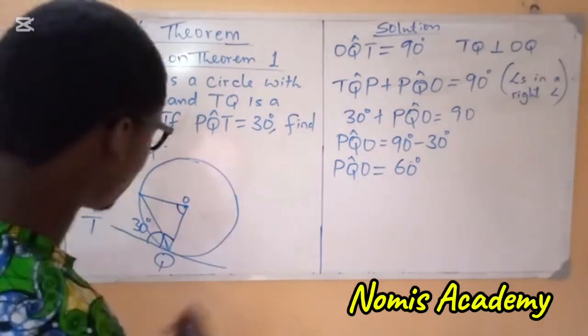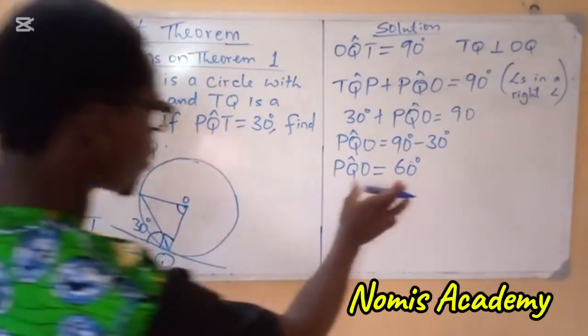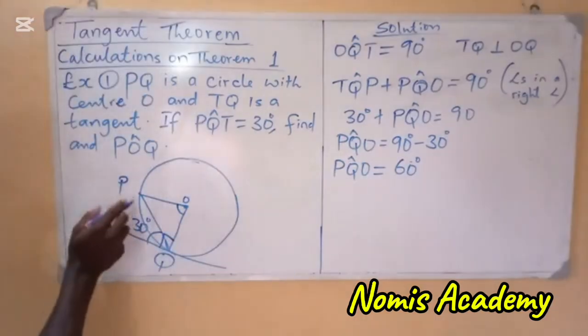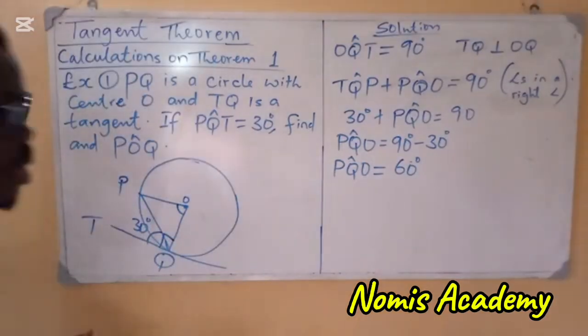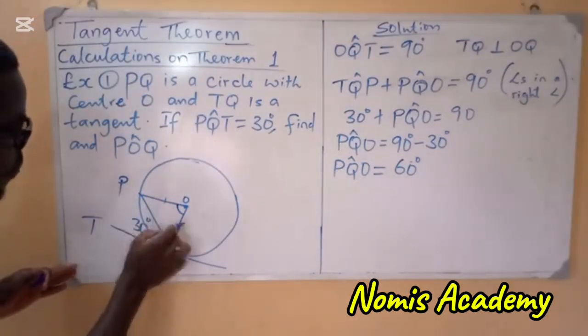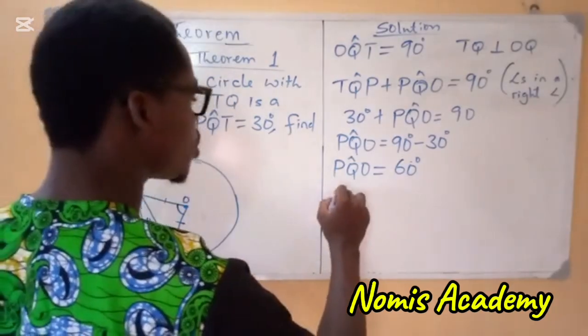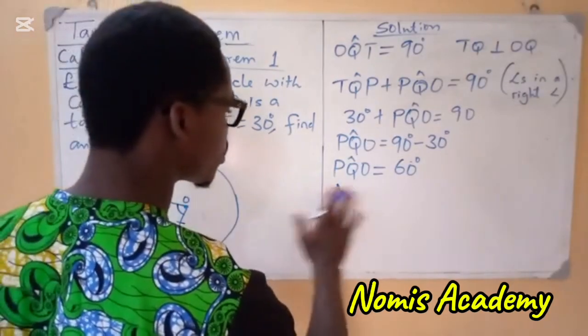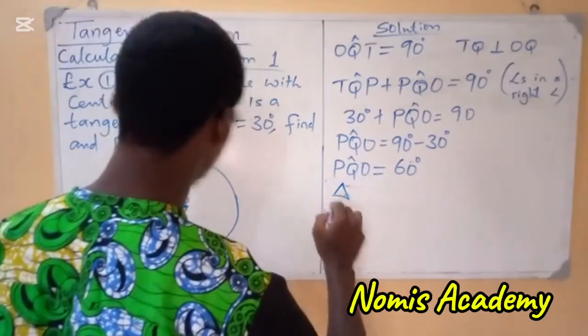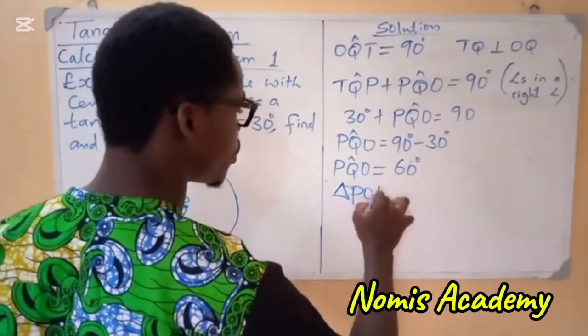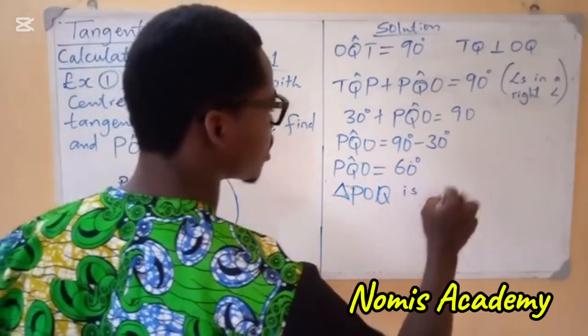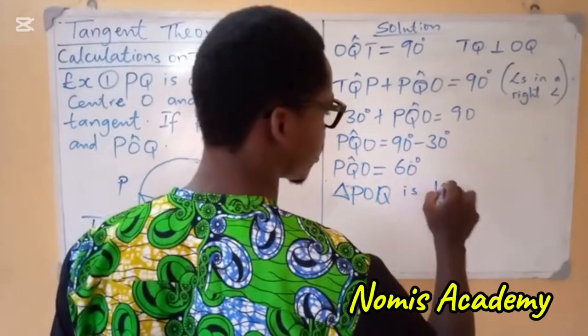Alright, now let's proceed. Since this particular angle is 60, it then means the angle at P is also 60 degrees because we have an isosceles triangle. So we say triangle POQ is isosceles.